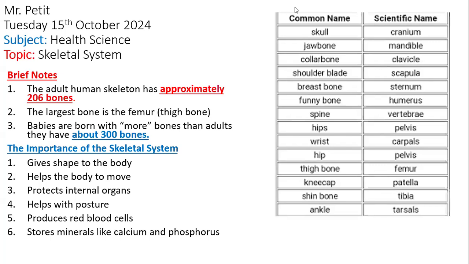How many bones does an adult human skeleton have? I believe 206. The answer is right on the screen. 206. I didn't say you were wrong. Ronald, where's Ronald?